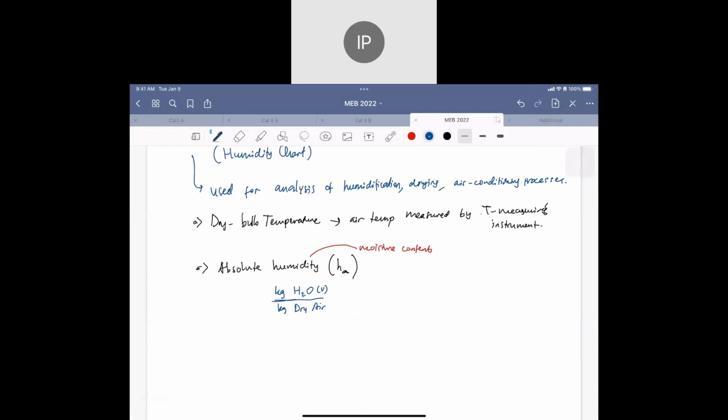If you have, for example, 0.0150 kilogram, this means that for 1 kilogram of dry air, there is 0.0150 kilogram of water vapor.